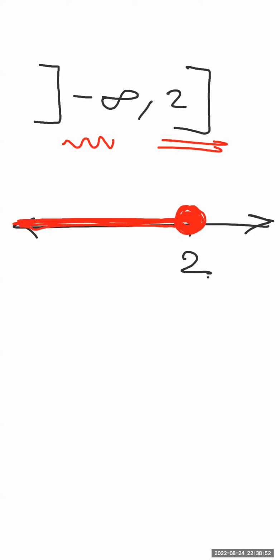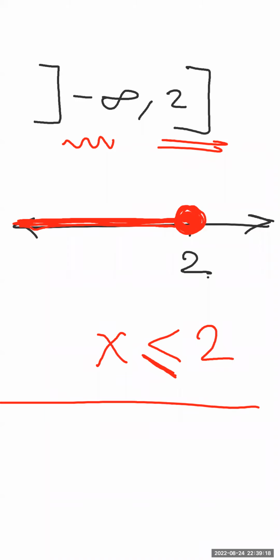Descriptive method: x. I'm waiting for your answers. -infinity and 2, so x smaller than or equal to 2, because it's closed on the side of 2. That's it. Correct, guys? Okay, great.